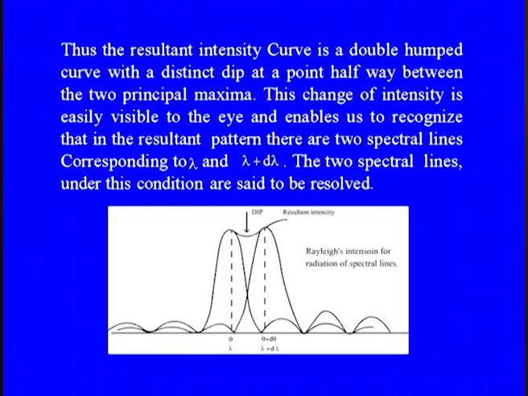Thus, the resultant intensity curve is a double humped curve with a distinct dip at a point halfway between the two principal maxima. This change of intensity is easily visible to the eye and enables us to recognize that in the resultant pattern there are two spectral lines corresponding to lambda and lambda plus d lambda. The two spectral lines under this condition are said to be resolved.